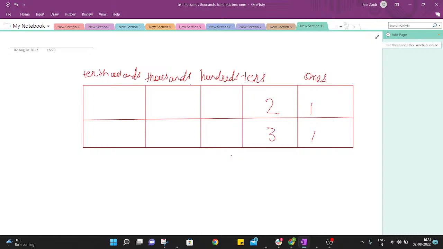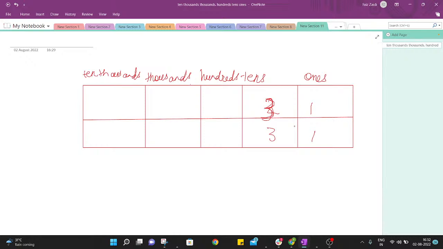Now you have to see, only if these two are the same, then we have to look at this number. Suppose I make it 3 over here. Now what can you say about these two numbers? These are basically the same numbers because the tens column is the same as well as the ones column.